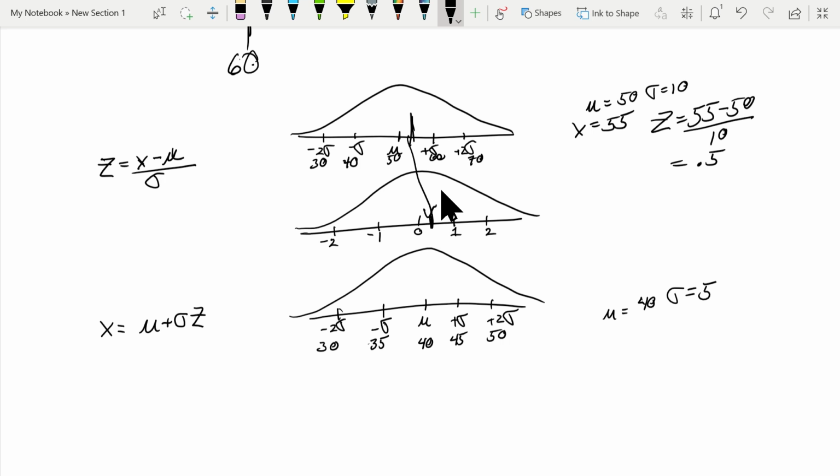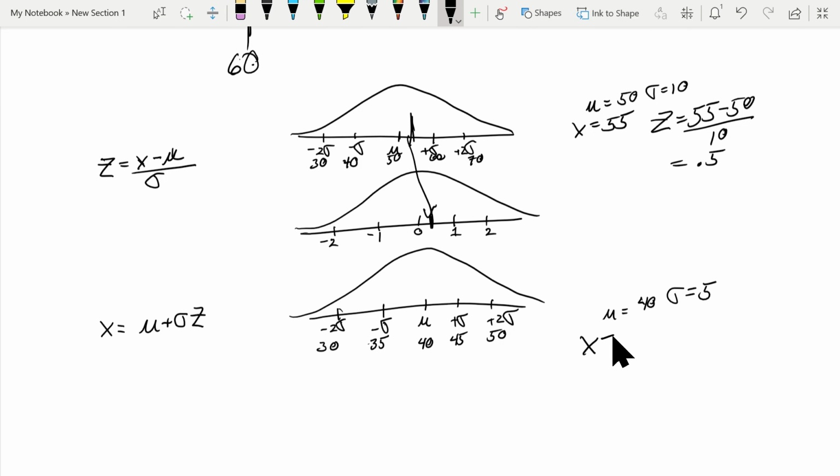And if I want to convert it to another distribution, this one with a mean of 40 and a standard deviation of 5, I just go backwards. If I take this formula and solve it for x, all it is, is multiply by the standard deviation, move the mean over. This says this value is half of a standard deviation above the average. I take half of this standard deviation and add it to the mean.